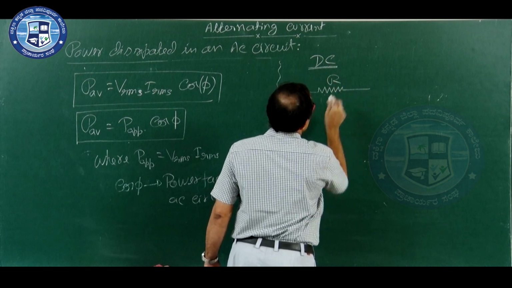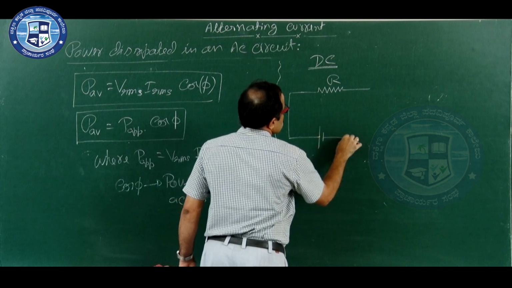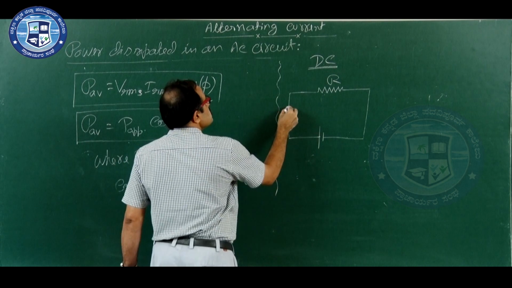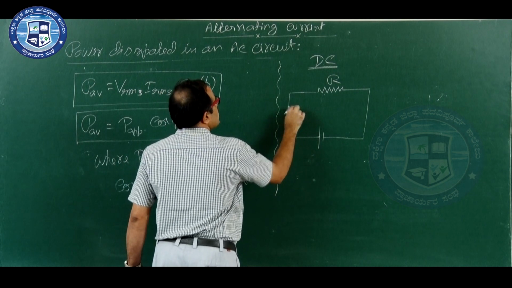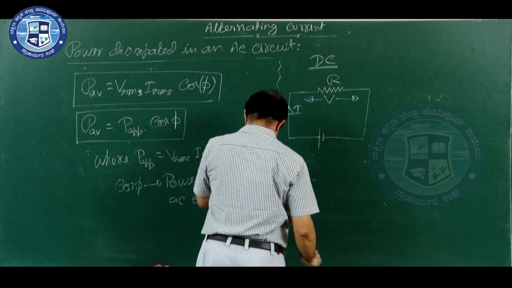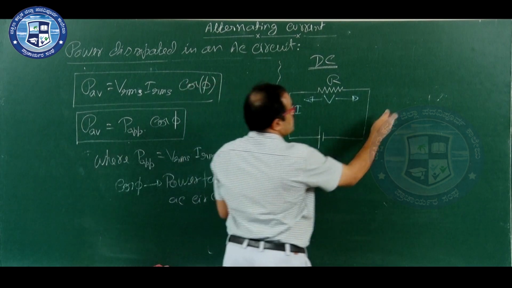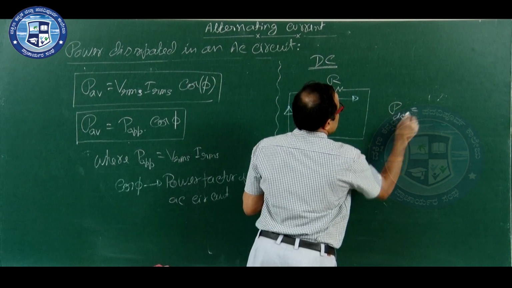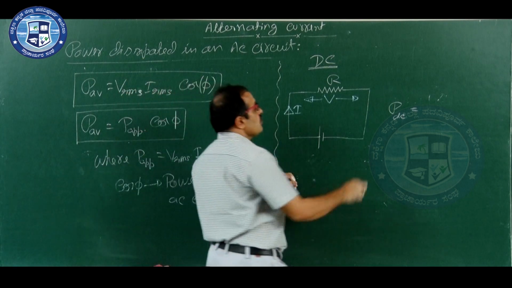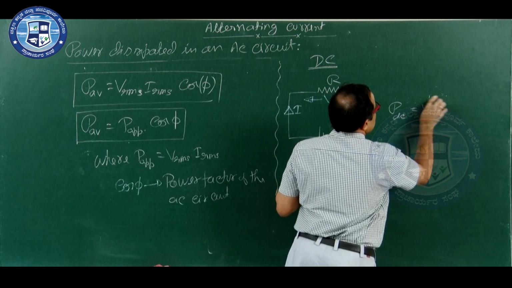Let us say it is the resistance R connected to the cell, so that current flows here, and here you have got a potential difference. Now we know power consumed in DC circuit, we can write P DC, or simply P is nothing but voltage across the resistor multiplied by current, V into I.